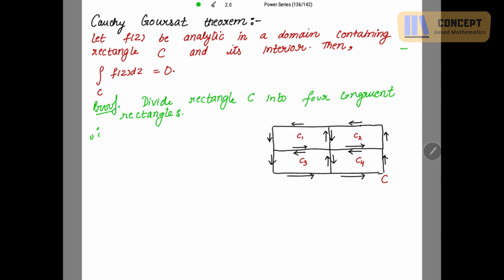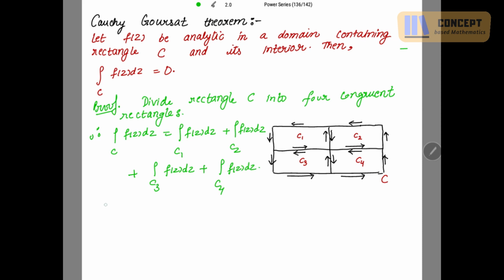So it follows that the integral over C of f(z) dz is equal to the integral over C1 of f(z) dz plus the integral over C2 of f(z) dz plus the integral over C3 of f(z) dz plus the integral over C4 of f(z) dz.